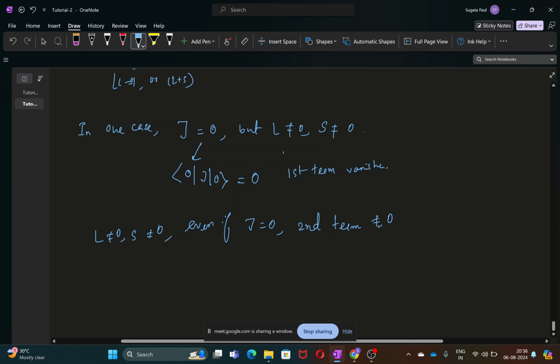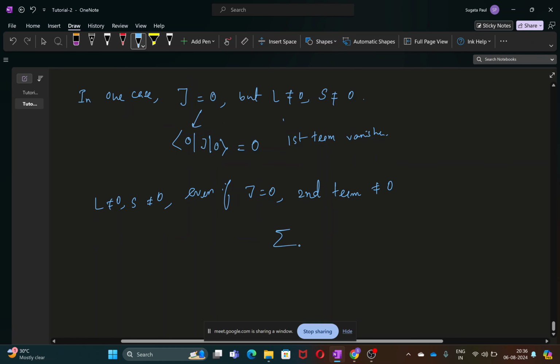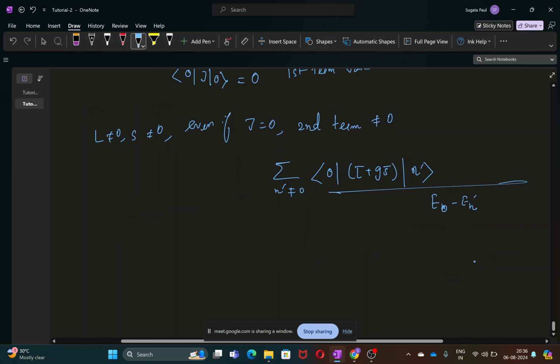Second term non-zero, because there you are taking terms like this, n prime not equal to 0, then this is the 0 state taken as n state, and here L plus gs, then this is n prime, this is En, E0 minus En prime.